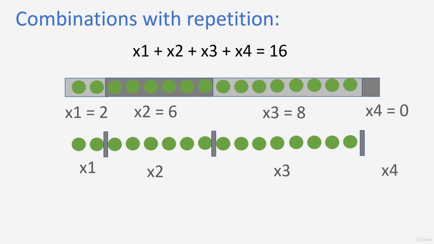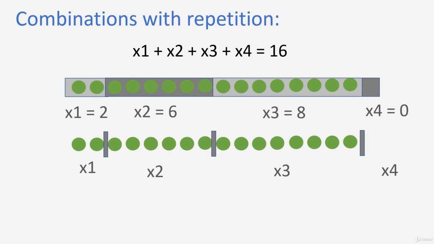But now we need to find all the possible positions for our 3 separators, right? So what we are actually doing? We are picking 3 positions where to put our separators, and all these separators can, for example, be in front of all these balls. That would mean x1 is 0, x2 is 0, x3 is 0, and x4 is 16.